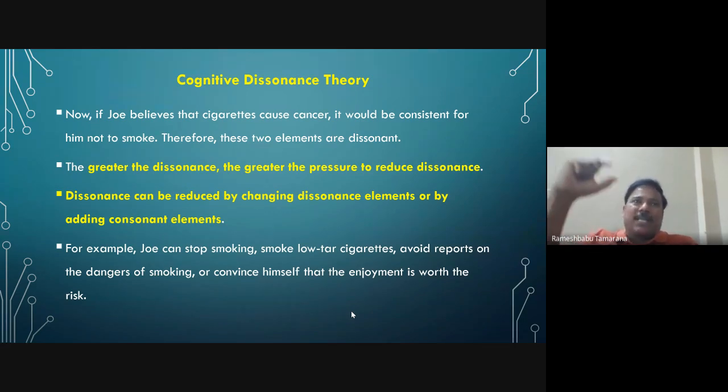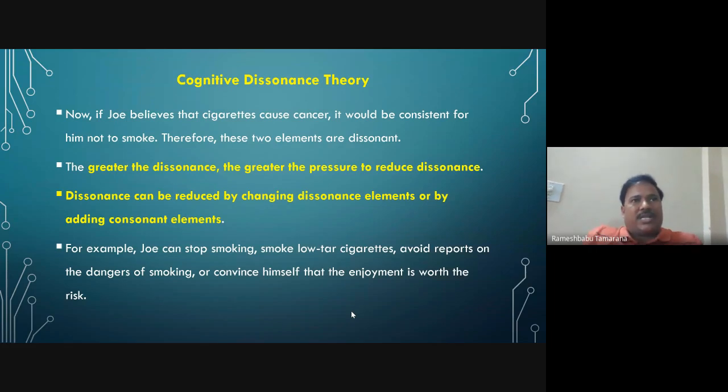On the cigarette packet there is a big picture saying that smoking cigarettes is injurious to health. Forget about it, don't look at it. You just avoid reports on the dangers of smoking, or convince yourself that the enjoyment was worth the risk.